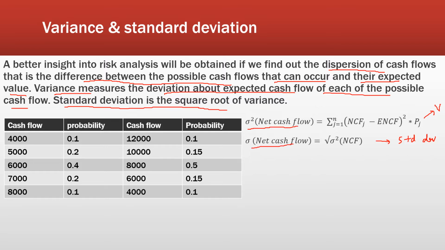Okay, now we will apply this here. So sigma square, that is the variance, equals the deviation about the expected cash flow of each of the possible cash flows, that is NCF J. J is the different time periods.